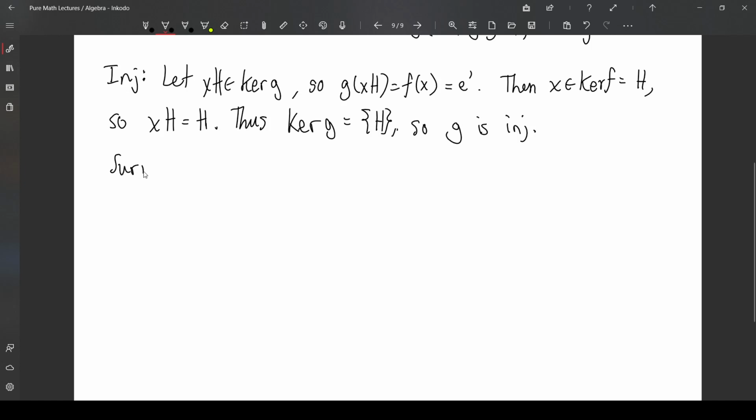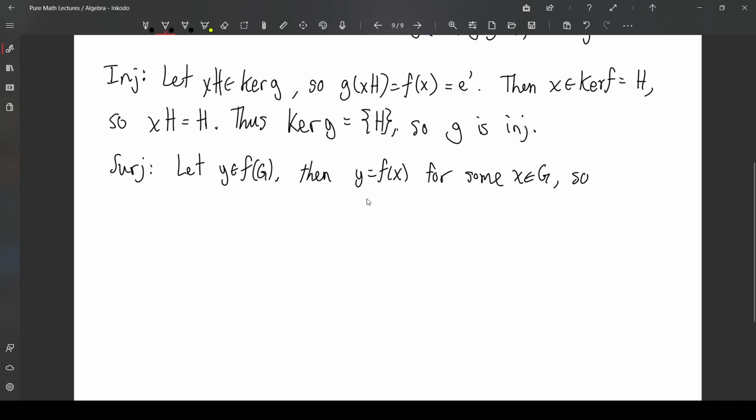Now to show that it is surjective, let y be in f of G, then y equals f of x for some x in G, and thus y equals g of xH.